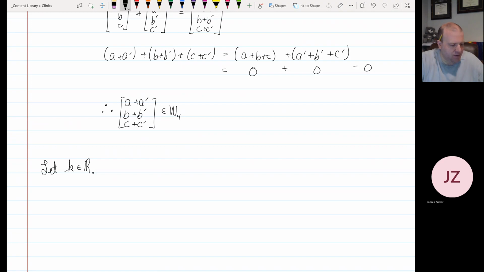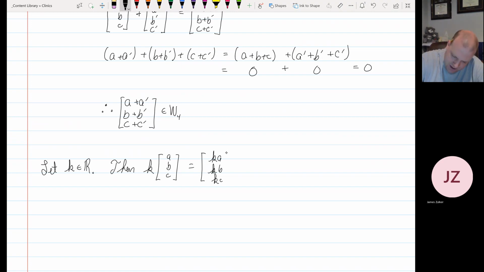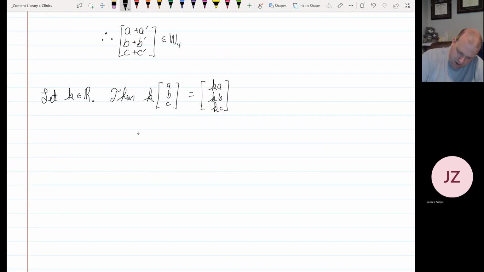Right, now let K be some real number. So K times ABC, K times A, K times B, K times C. Right, now we want to look at their sum, where we can factor out the K. And we get K times 0, which is 0.